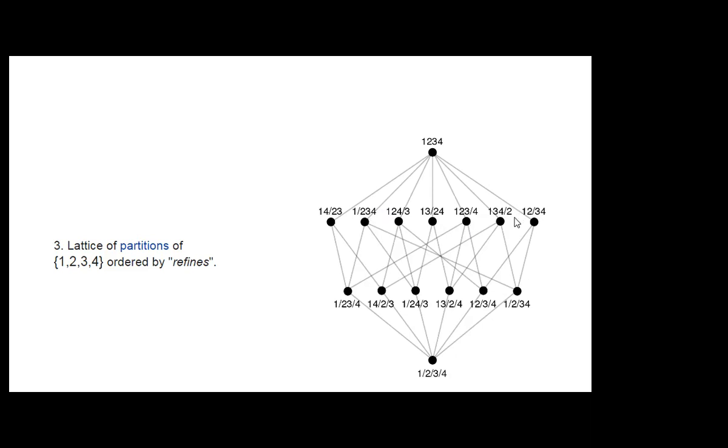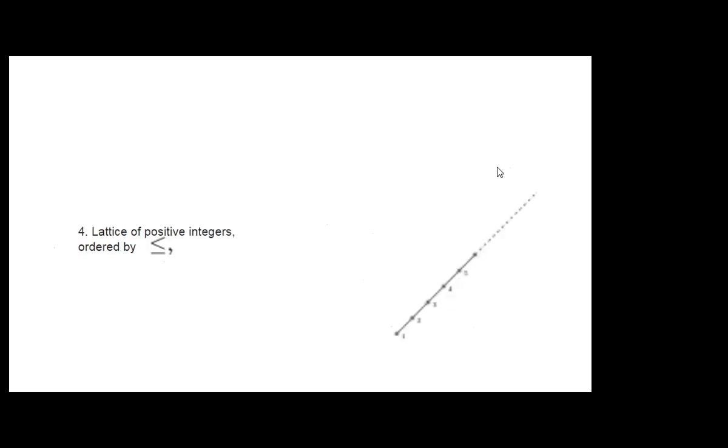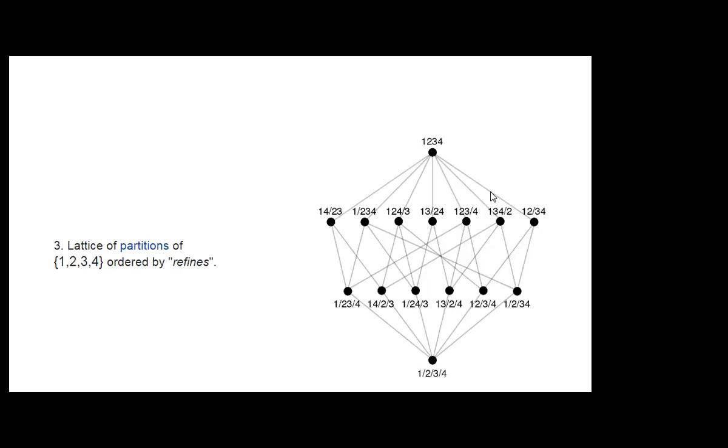Then 1, 3, 4, 2. And lastly 1, 2, slash 3, 4. Okay. All these are the partitions of 1, 2, 3, 4. Okay. Here in this example.